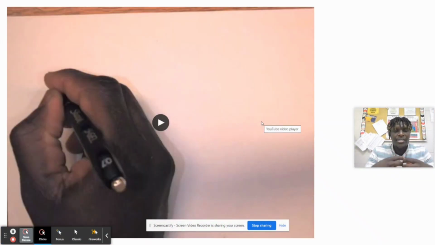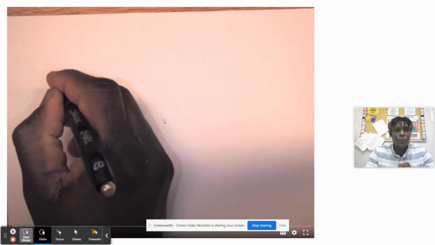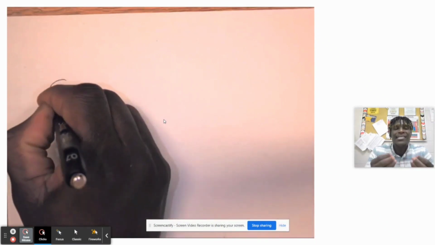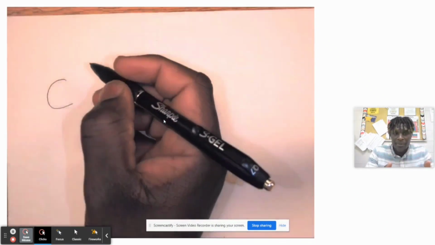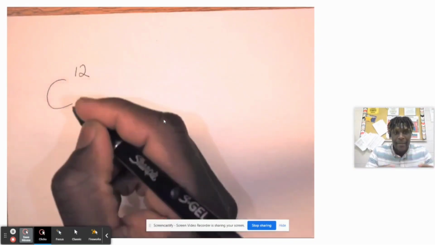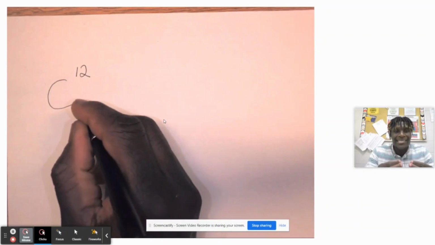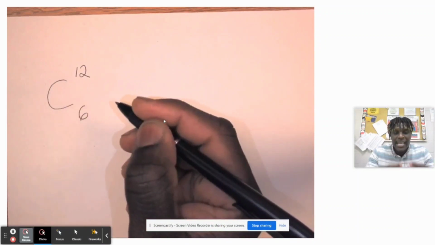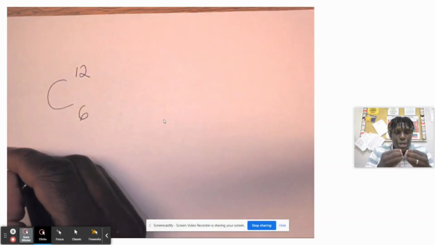Let's now see if we can identify subatomic particles by knowing the atomic mass and the atomic number. First, I am going to draw the symbol. What does the symbol represent? It represents carbon. That is the mass number, and the 6 is the atomic number.